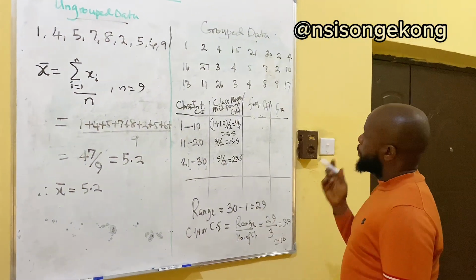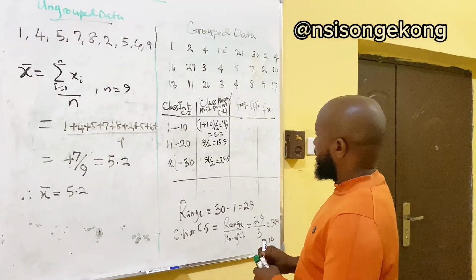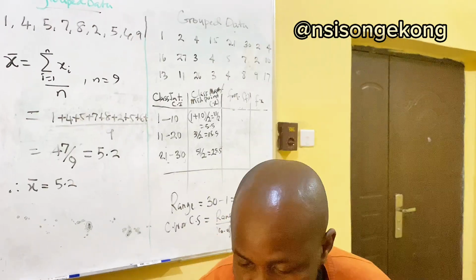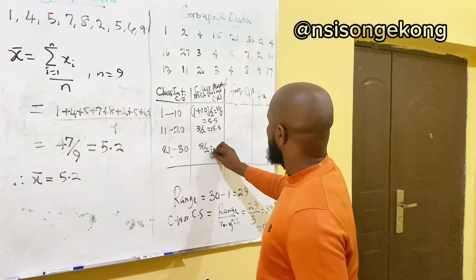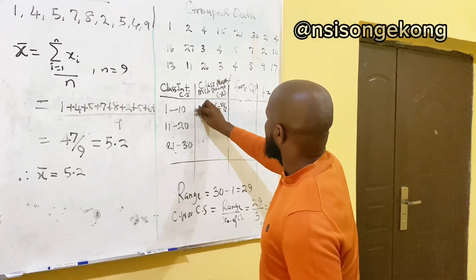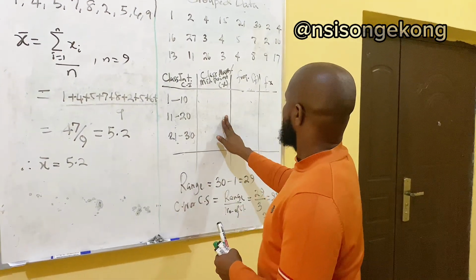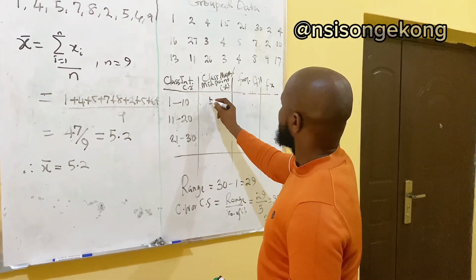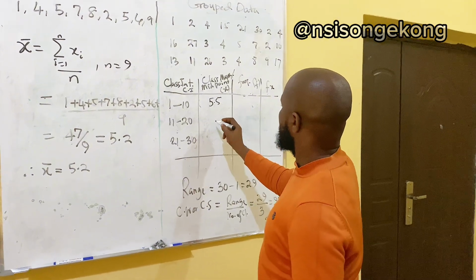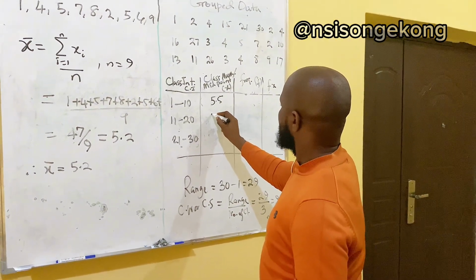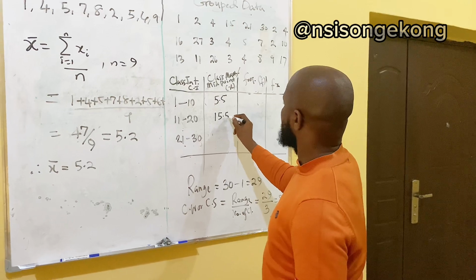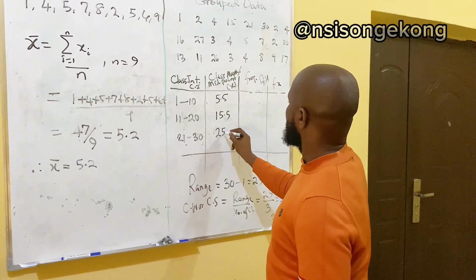Okay? So I can rewrite that particular column with the values so it will be clearer. 5.5, which I believe you now know how to obtain, 15.5, and 25.5.